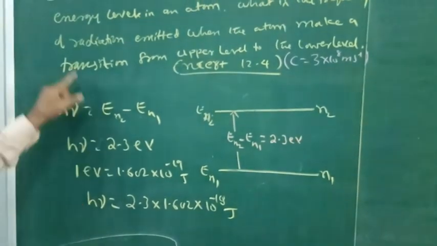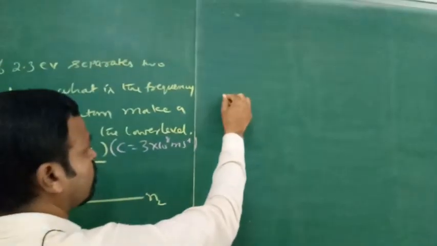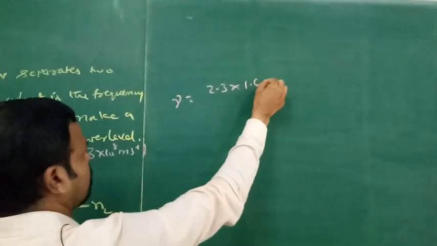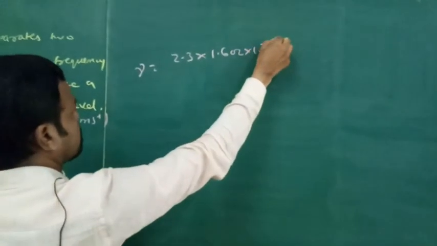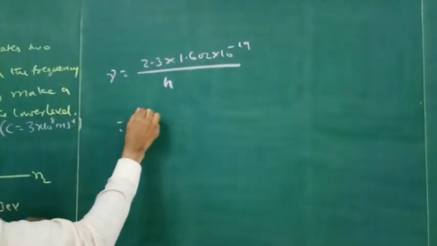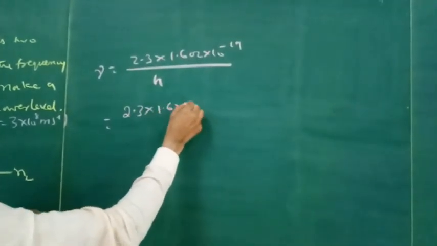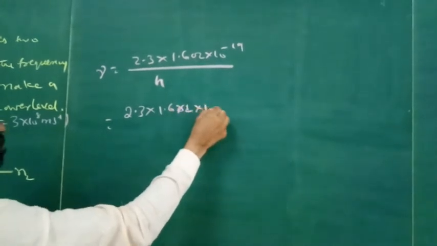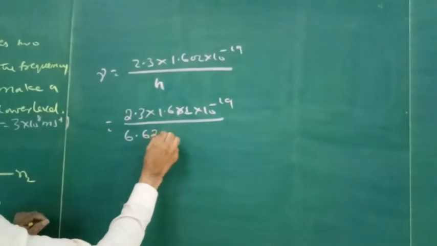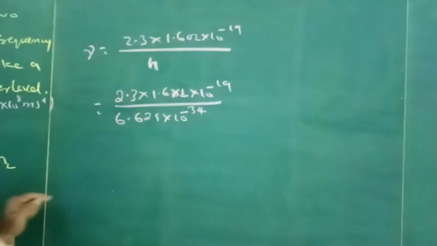So find out, you know the value of h. h is given in the problem. Therefore, nu is equal to 2.3 into 1.602 into 10 power of minus 19 divided by h. Planck's constant value is given in the problem: 2.3 into 1.602 into 10 power of minus 19 divided by 6.625 into 10 power of minus 34.